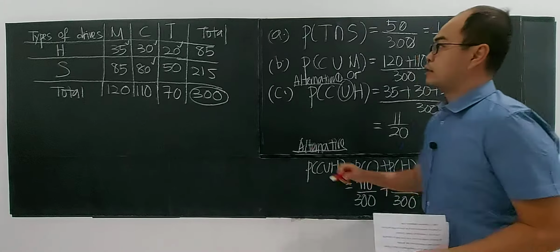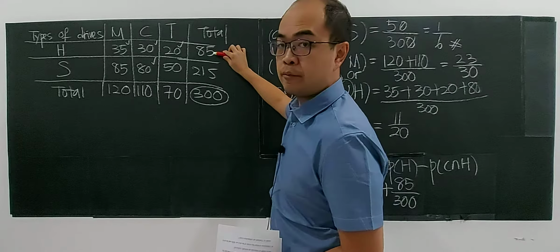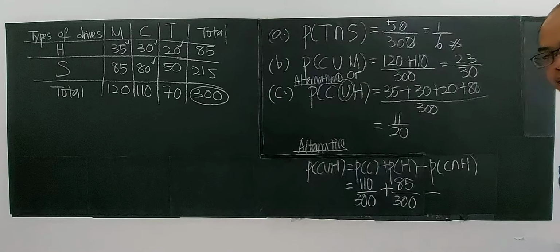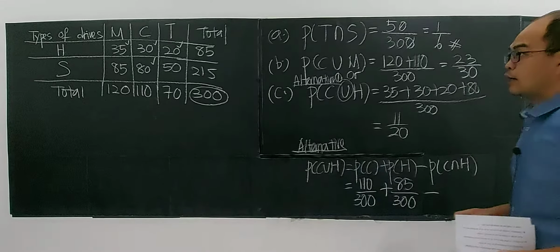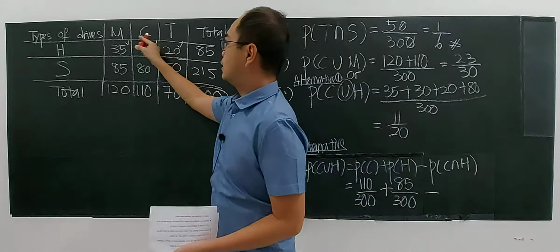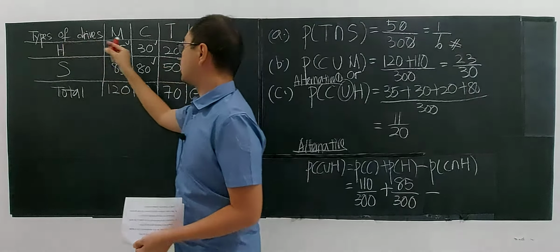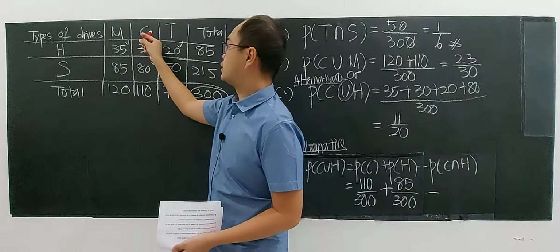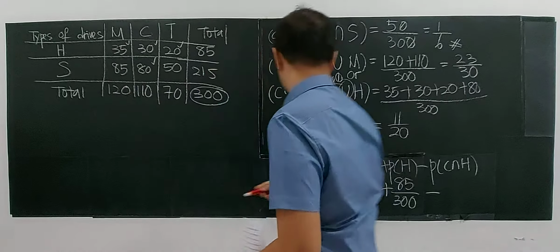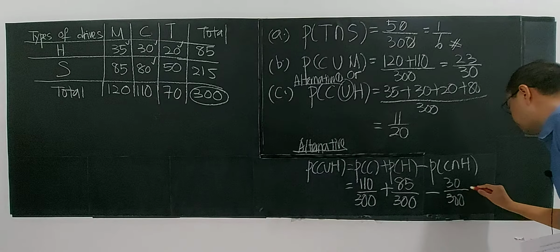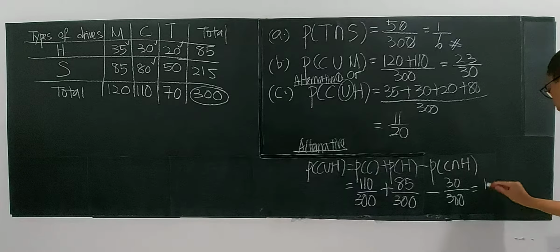And we have to minus away the intersection between these two, manufactured in China and a hard disk drive, which is 30. So 30 over 300. And you are still getting the same answer.